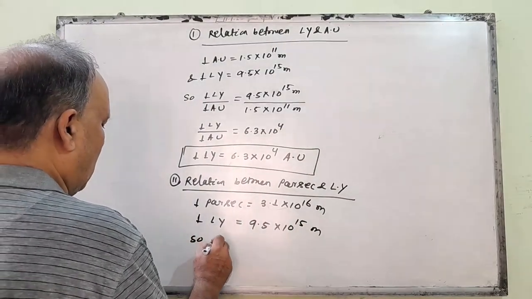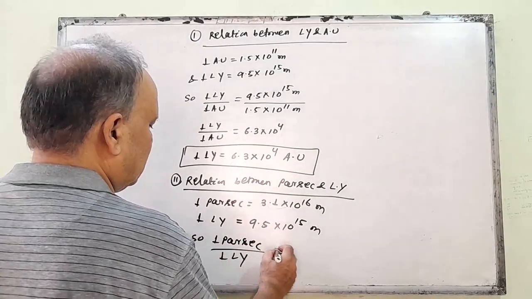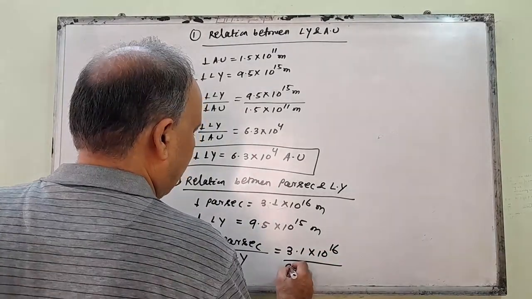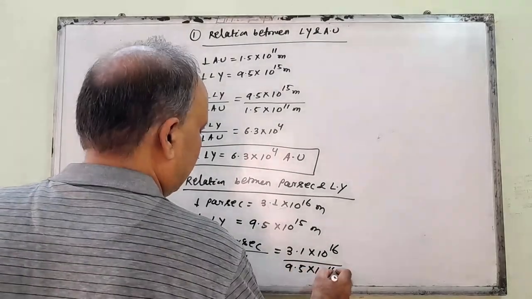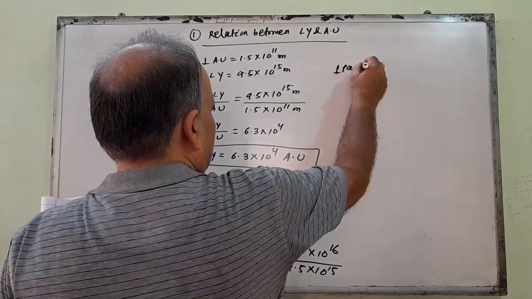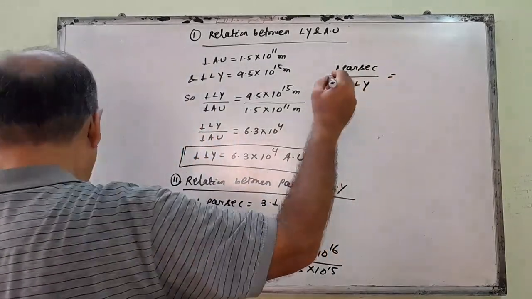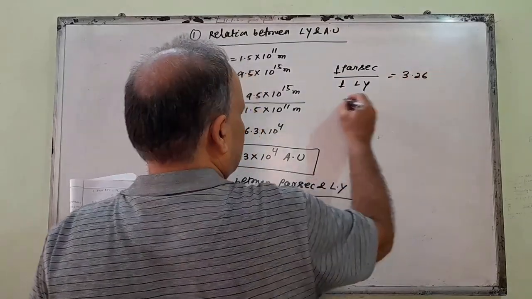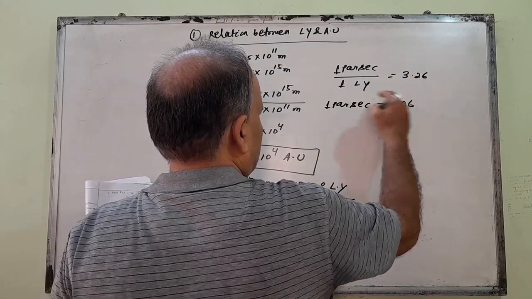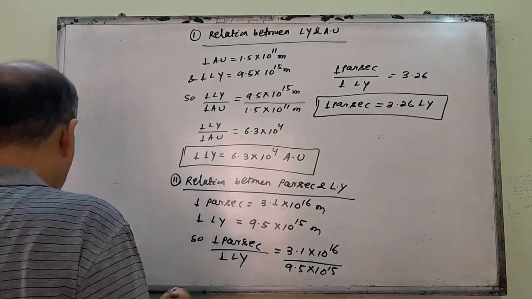So, 1 parsec by 1 light year is equal to 3.1 into 10 to the power 16 by 9.5 into 10 to the power 15. So, we can write 1 parsec by 1 light year is equal to 3.26, or 1 parsec is equal to 3.26 light years. This is another relation.